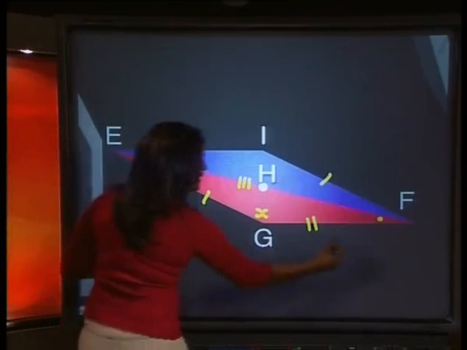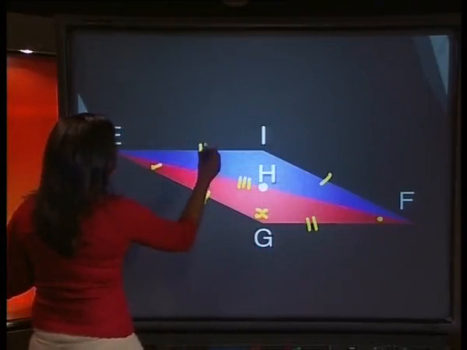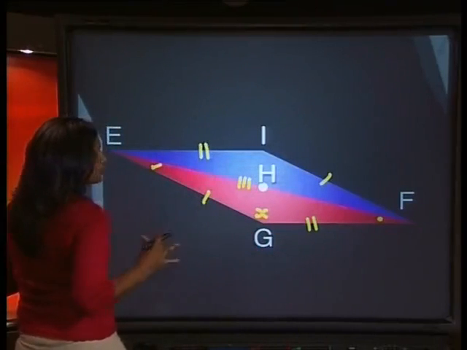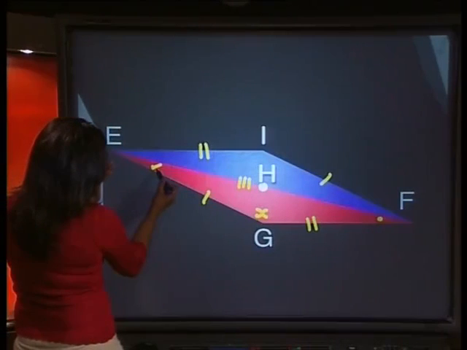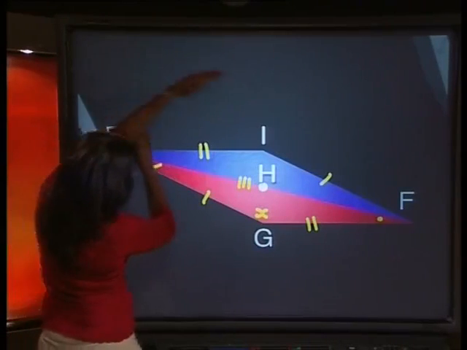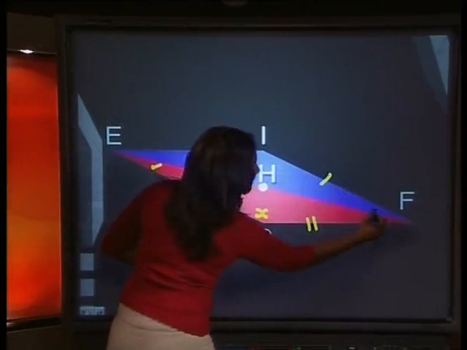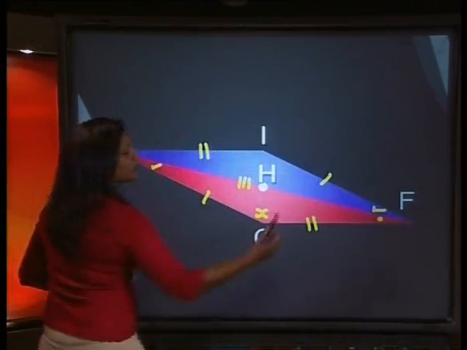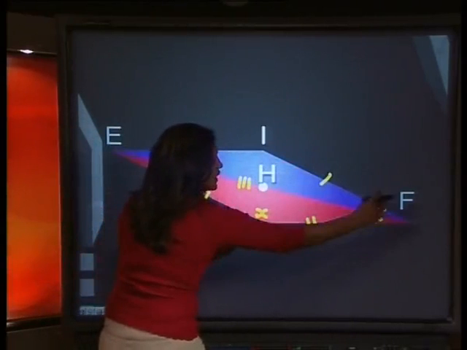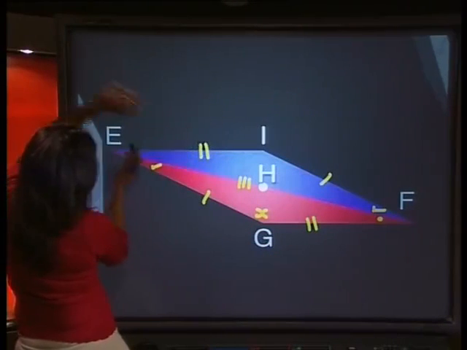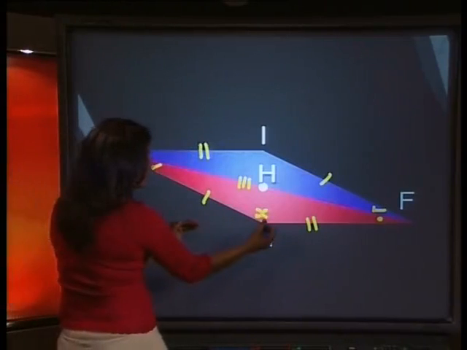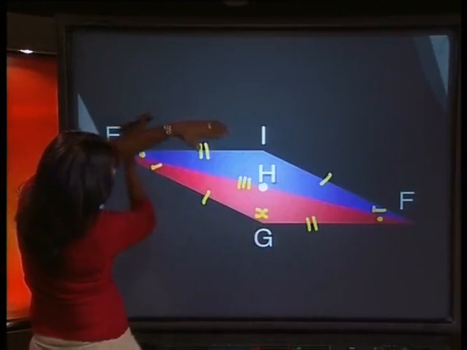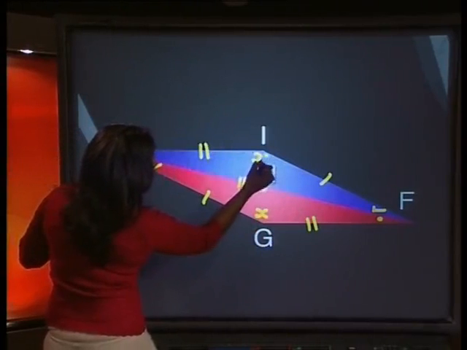This means that GF is equal in length to EI. Now let's look at the angles. We know that this angle here at E rotated all the way and became this angle here at F. If you look at this angle here at F, it rotated all the way and became this angle here at E. Angle G rotated all the way around and became angle I.